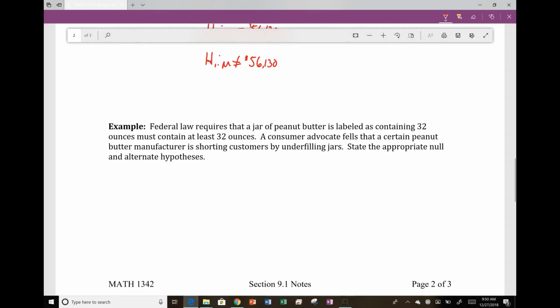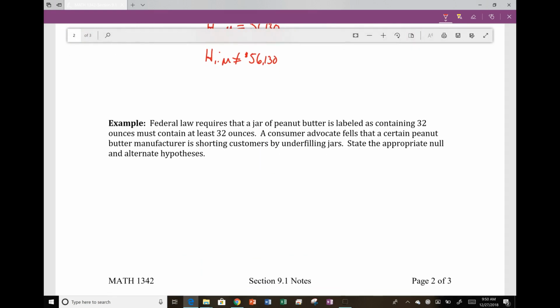Now let's look at one more example. Federal law requires that a jar of peanut butter labeled as containing 32 ounces must contain at least 32 ounces. A consumer advocate feels that a certain peanut butter manufacturer is shorting customers by underfilling jars. State the appropriate null and alternative hypotheses.